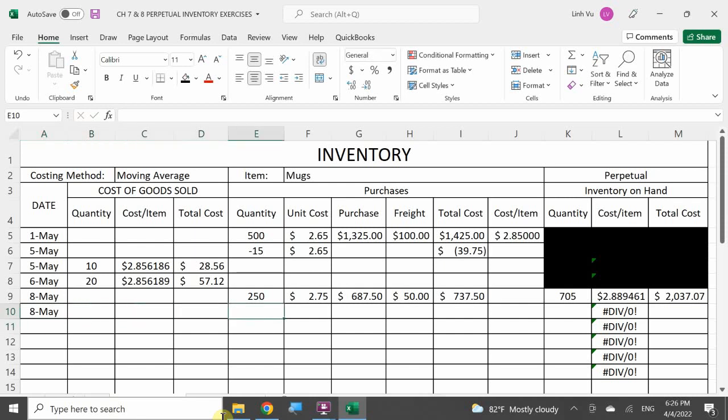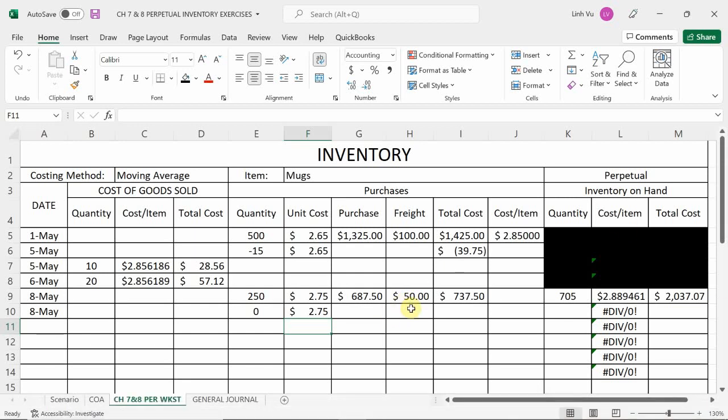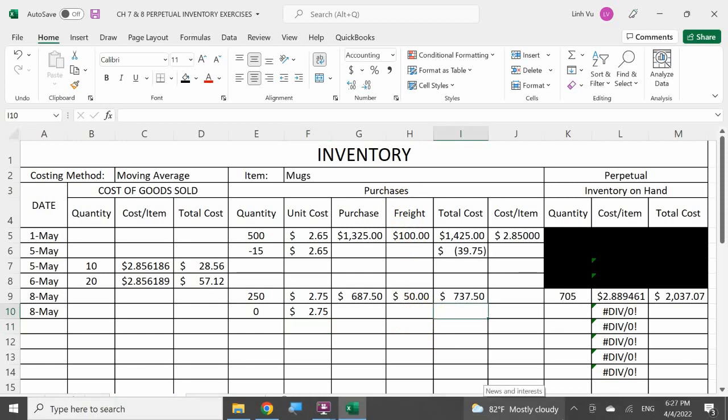Okay, we did not return anything. So in this case, nothing I'm returning. I still end up keeping those mugs. However, I just got a discount off of it. So you need to keep in mind that it is going to be a negative number. Now we know that each coffee mug costs you $2.75 each, right? We're assuming that this is the batch of inventory that we got the wrong shipment in. Now, what I have to do is go to my total cost because this is where I have to figure this out, okay?